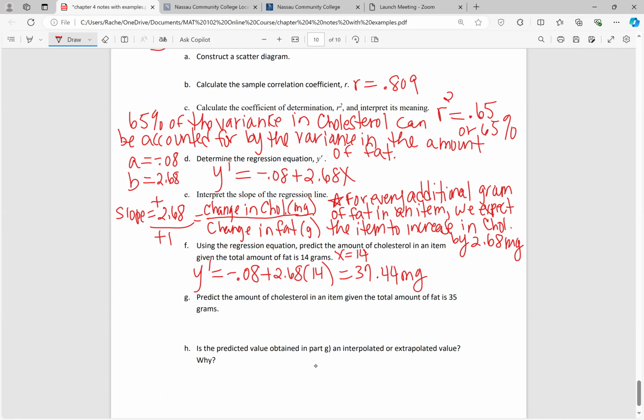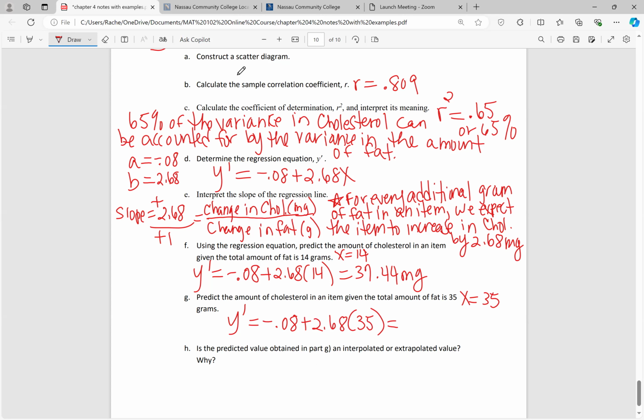Part G says predict the amount of cholesterol in an item given the total amount of fat is 35 grams. So in other words, what if X is 35? Then the predicted Y value is going to be equal to negative 0.08 plus 2.68 times 35.